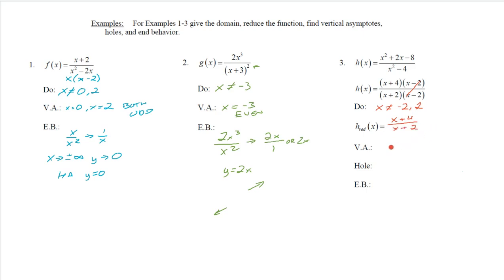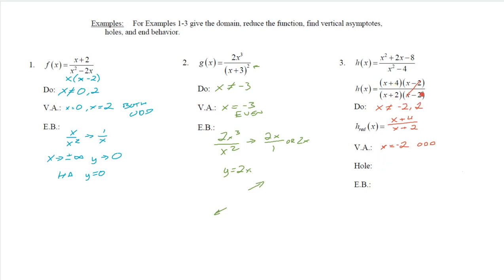Okay, now let's go back to the places where it can't exist in the domain. The first is negative 2. Now the negative 2 is going to be a vertical asymptote, and this is going to be an odd vertical asymptote. This is because we have this factor left in the bottom here that does not have a matching factor in the numerator.